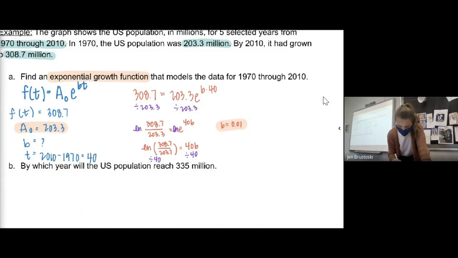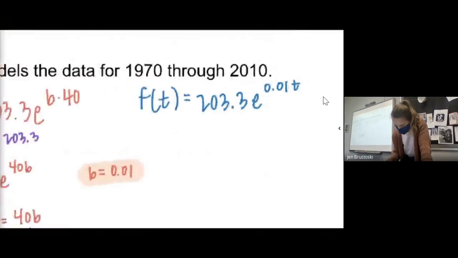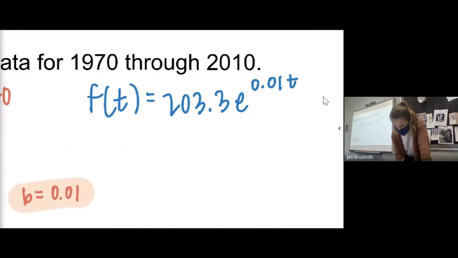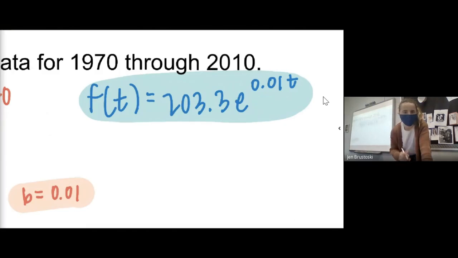My final equation is going to be f of t equals 203.3 e to the 0.01t. So that right there is my function for the U.S. population.